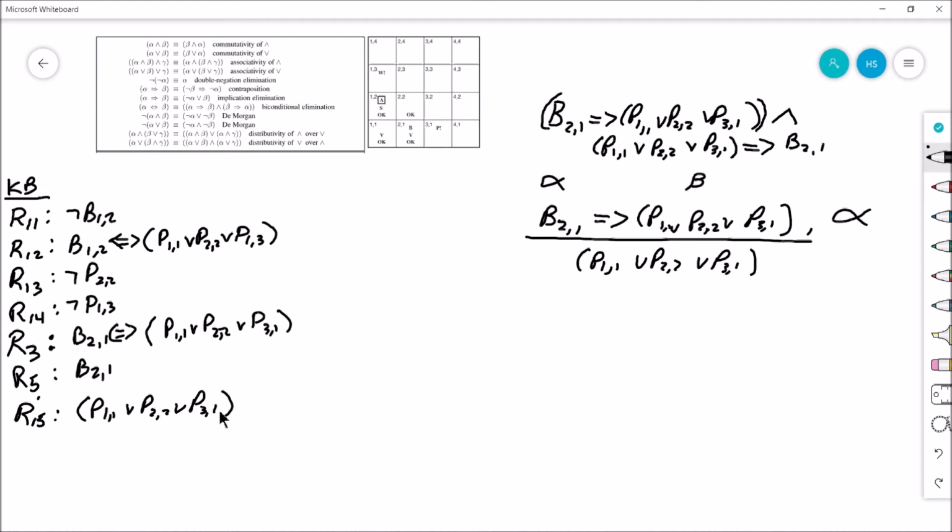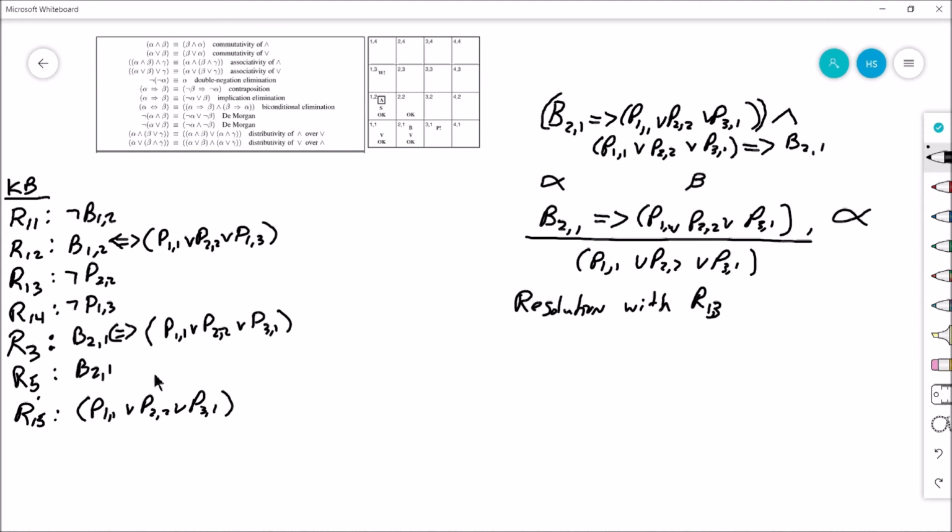Next up, I'll apply the resolution rule. We'll apply the resolution rule using R13. Now, what was R13? No pit in 2.2, right? So I'm going to apply that resolution rule using R13 on R15.